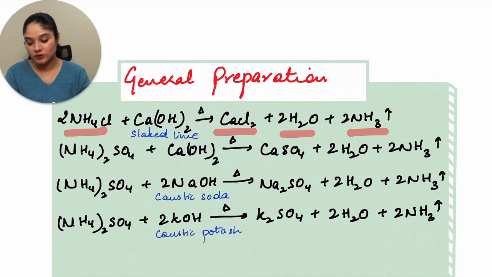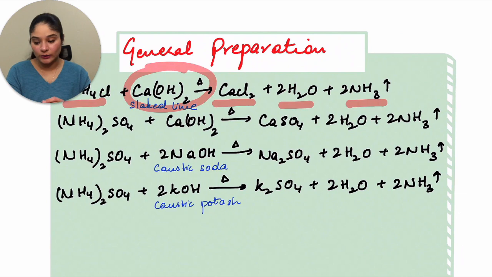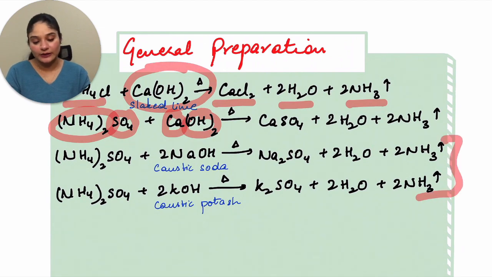NH4Cl, that's a salt of ammonia, reacting with slaked lime, gives you CaCl2 plus water, and along with that ammonia comes out. Same thing will happen in the next one. This metal will take away SO4, you're left with H2O, water, and ammonia gas comes out. And you can see the other two examples right here.